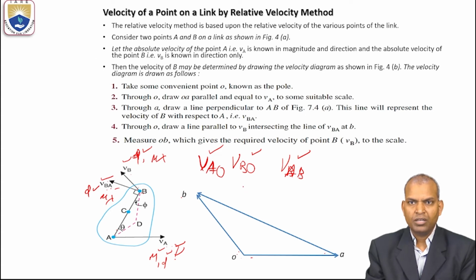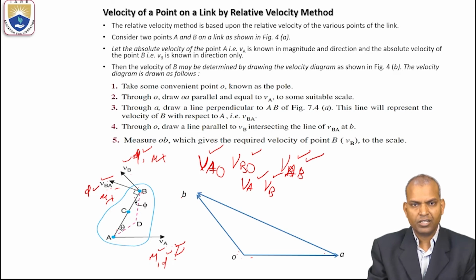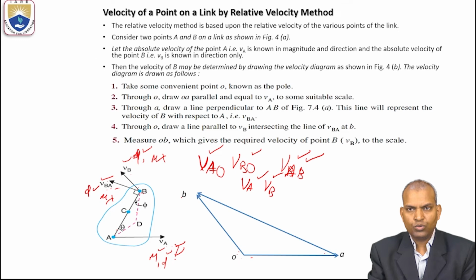VA, VB both are absolute velocities, whereas velocity of BA or VAB or VBA is relative velocity. So there are two types, absolute and relative. We will use the known parameters of magnitude and direction, and find out the unknown magnitude and direction of other velocities.